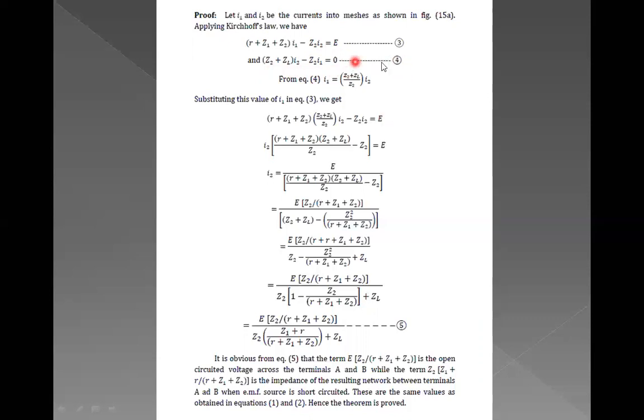From equation 4, you can find the value of I1 by transferring it to the right hand side. So I1 is equal to Z2 plus ZL divided by Z2 into I2. Now substituting the value of I1, go back and substitute it in equation number 3.